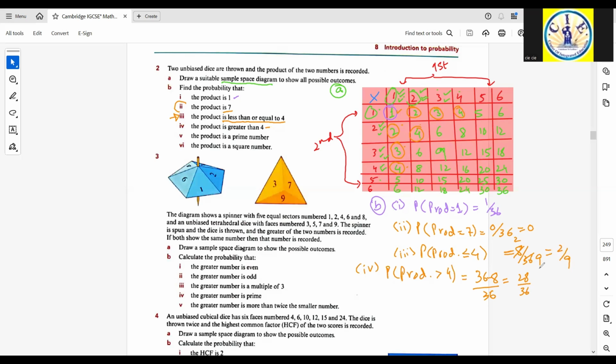So that is the answer. You can simplify it. 4 sevens are 28, 4 nines are 36. So the answer is 7 by 9.